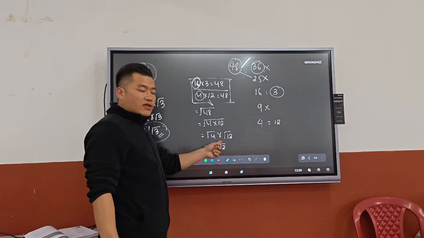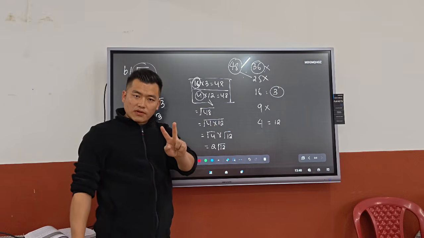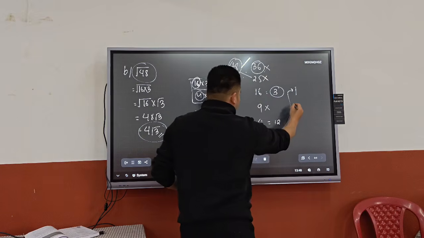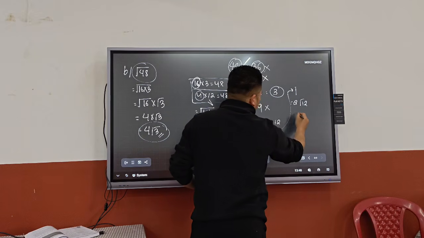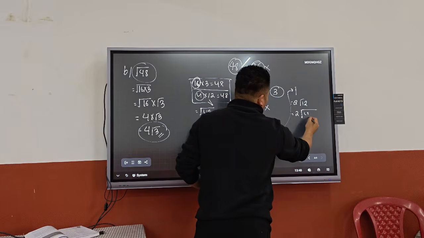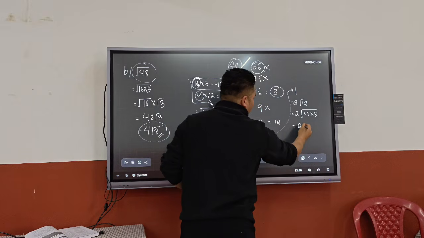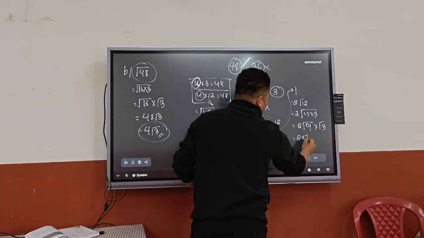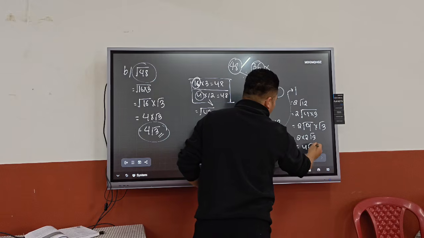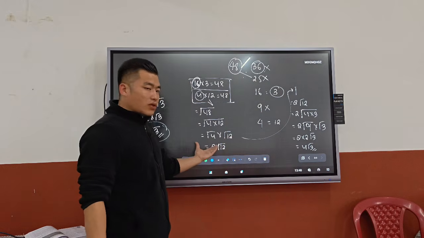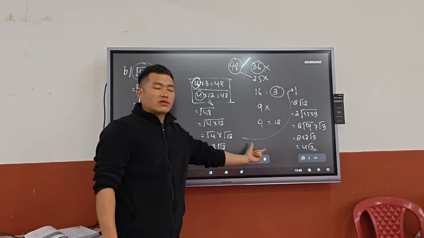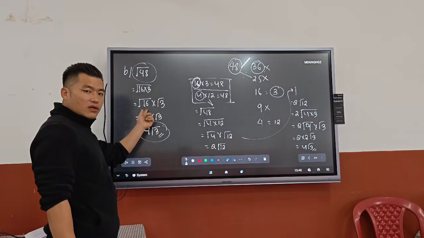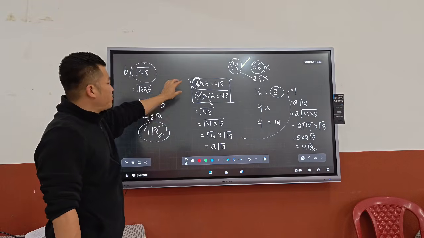Further, you can break 12 into two special numbers, as we did in example 1. 2 root 12 can be rewritten as 2 square root of 4 times 3, which is 2 root 4 times root 3. So 2 times 2 root 3, which is 4 root 3. So if you go with 4 times 12, you will get the answer, but there will be more steps. The steps will be lengthy. But if you take a bigger number, you will get the correct answer with fewer steps. So always take a bigger perfect square number.